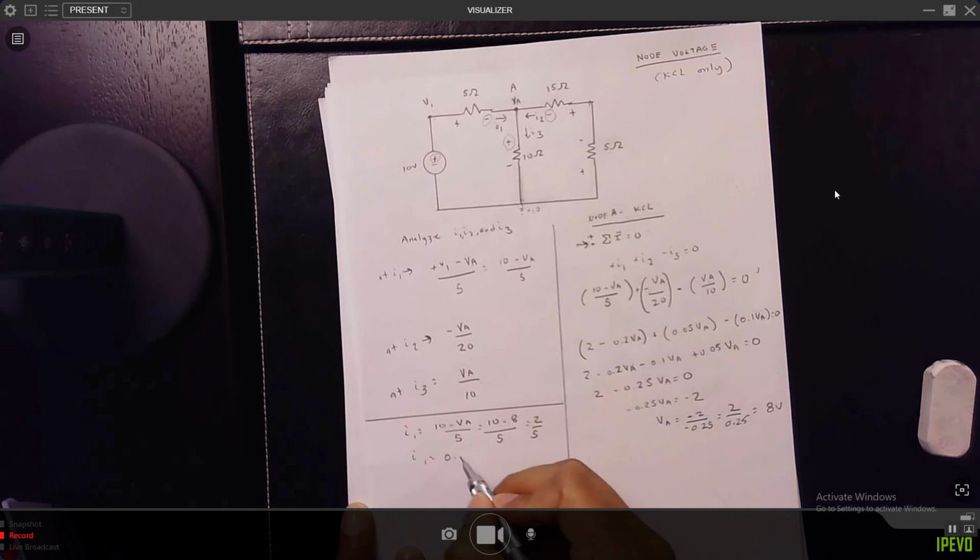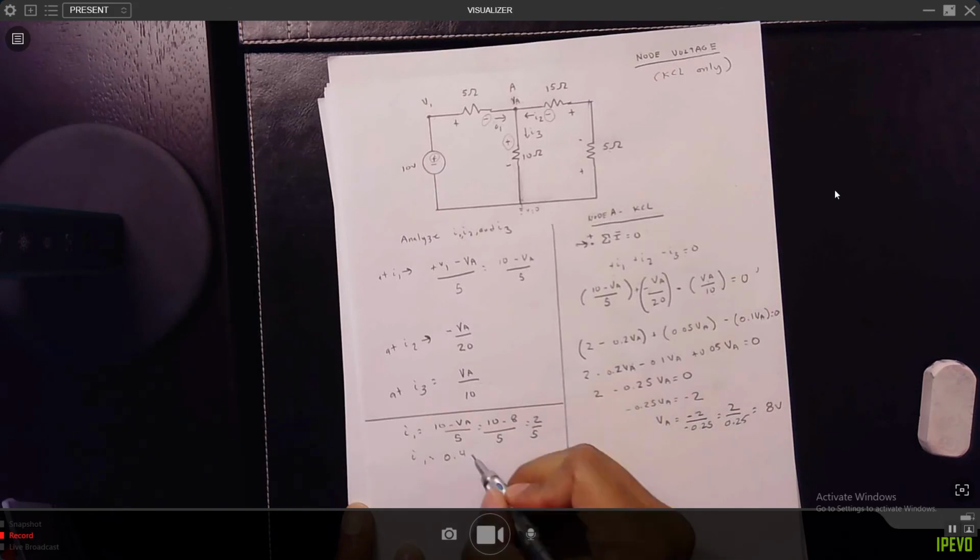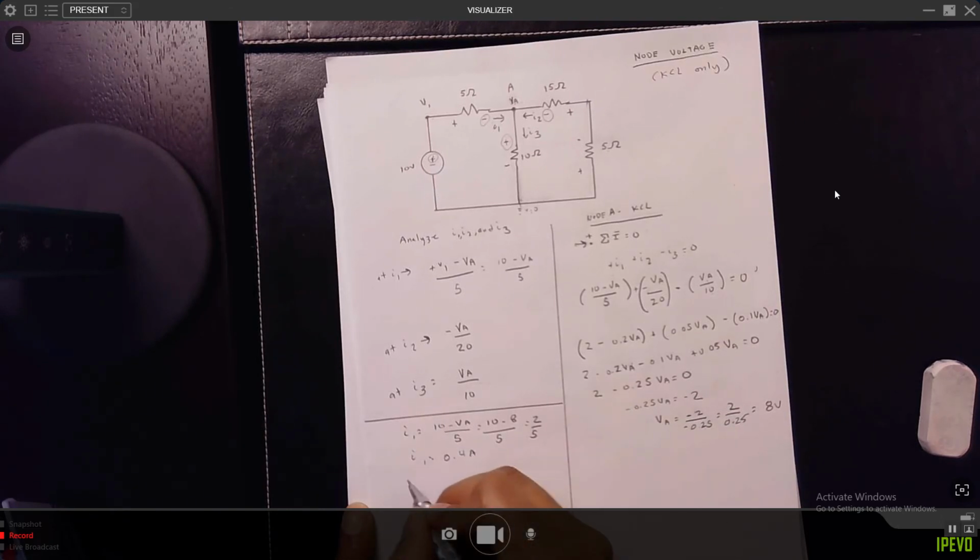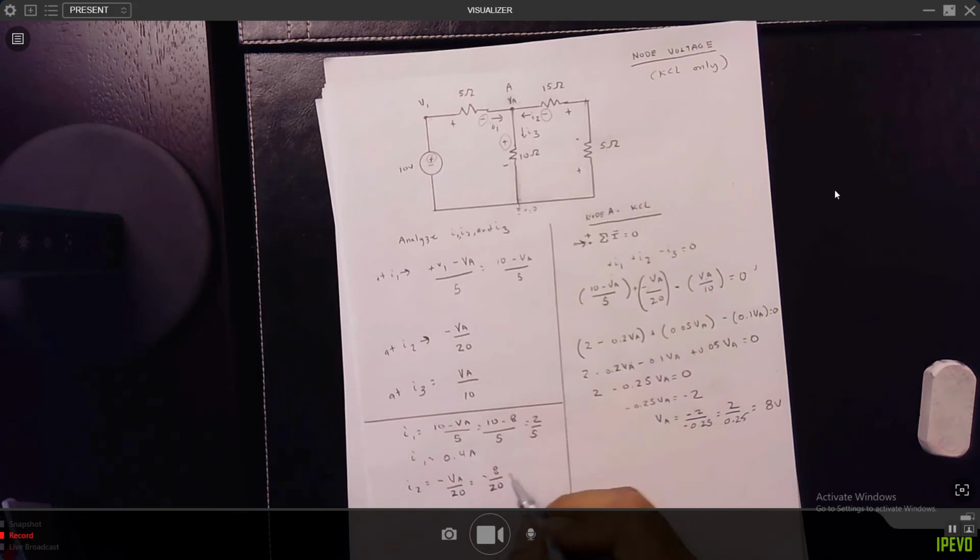Let me just double check. 0.4 amps. I2 is minus VA over 20, so that's minus 8 over 20, right? Let me do that again. 8 divided by 20 is minus 0.4 amps.